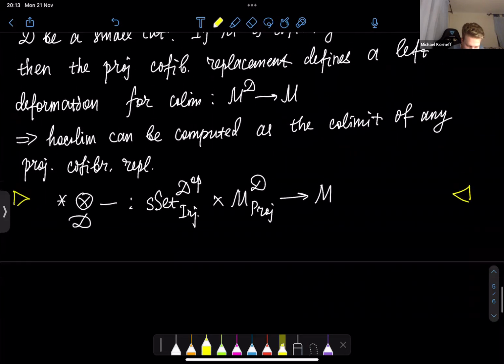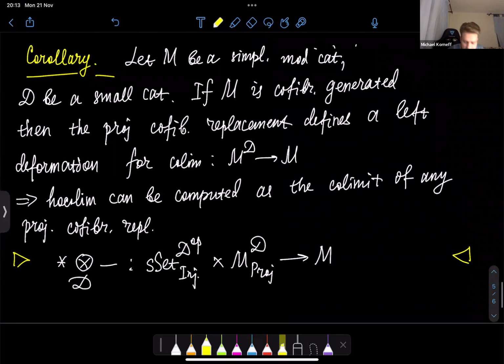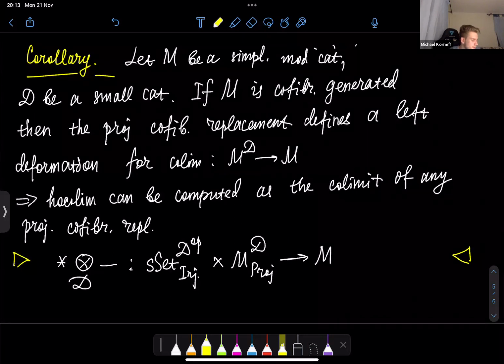And for finding the projective cofibrant replacement, it turns out that the following fruitful lemma helps us.